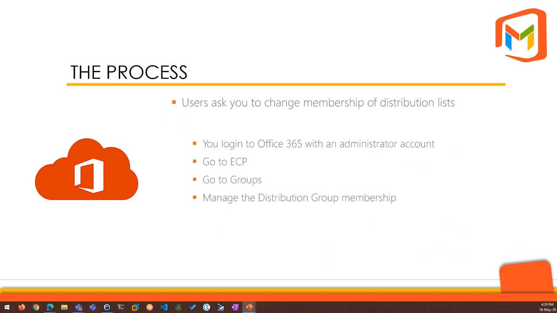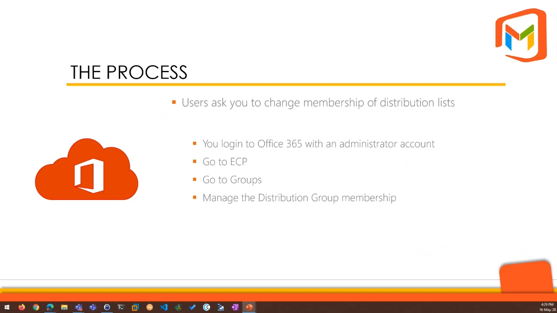So as an administrator, you probably go to the Microsoft 365 Administration Center, then you go to the Exchange ECP control panel, you go to the group section and you manage the distribution groups membership. Or if you have a synchronization with your Active Directory, you go to the Active Directory interface and you manage it from there.